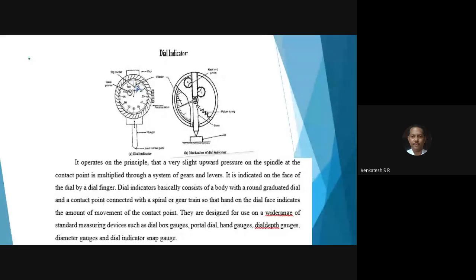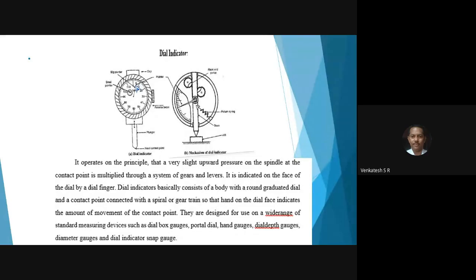Explain briefly with a neat sketch the dial indicator.